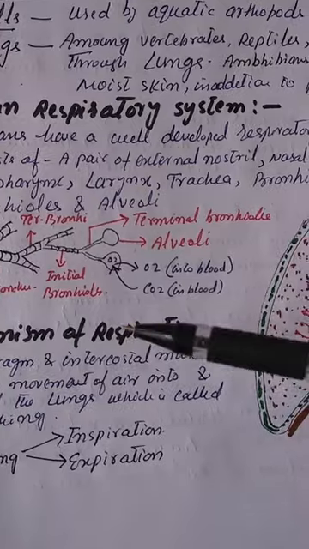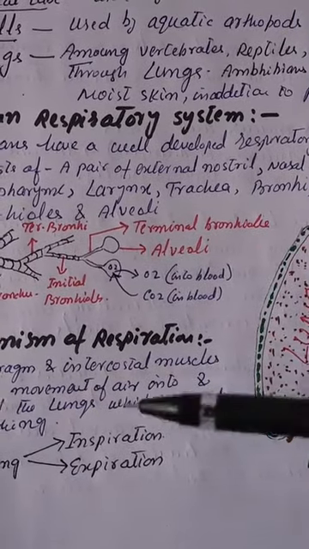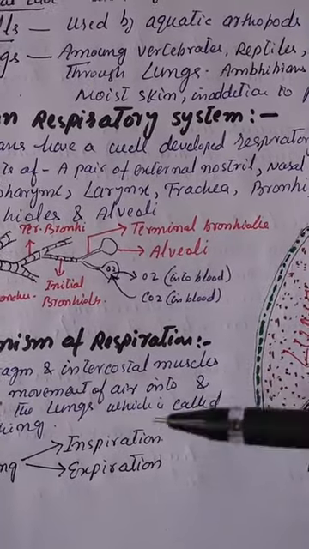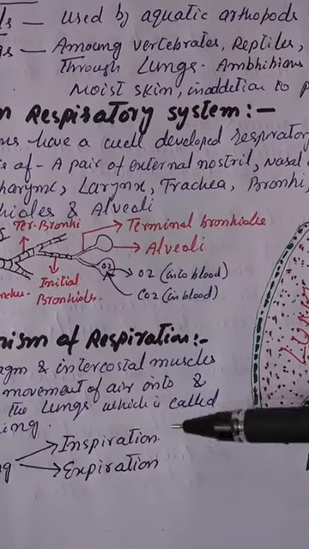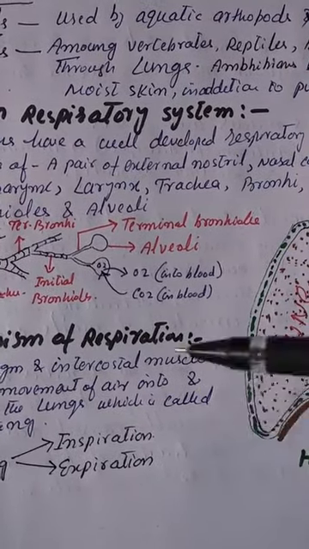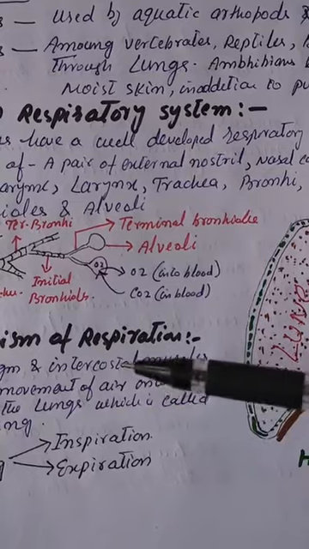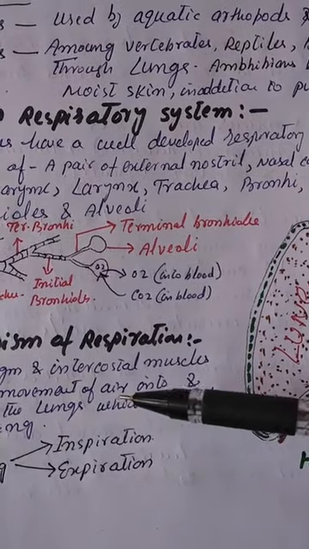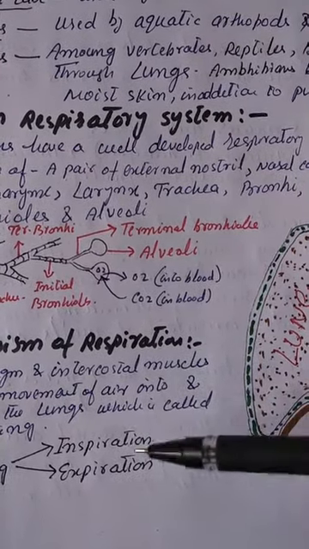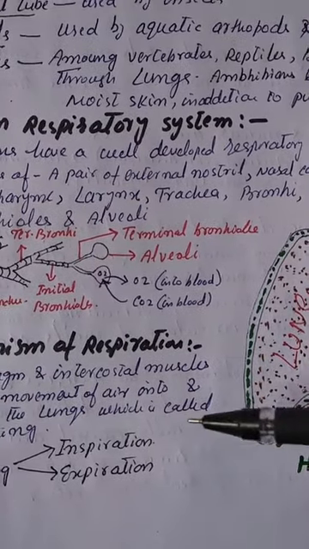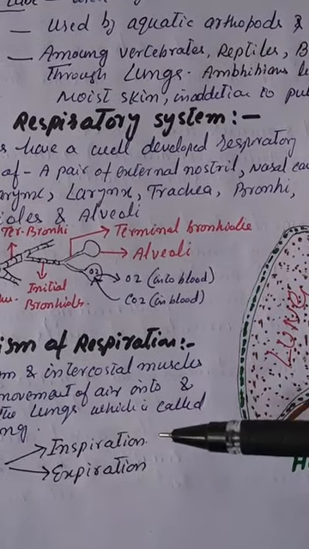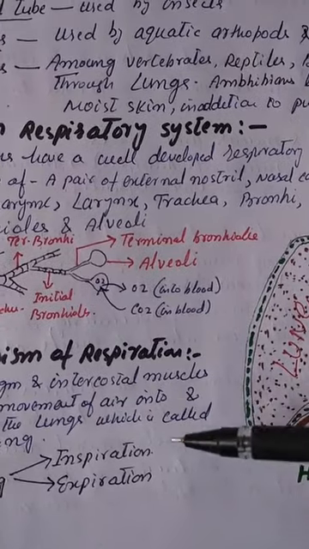Now, inspiration occurs when the intrapulmonary pressure is less than the atmospheric pressure. That is, the intrapulmonary pressure is negative compared to the atmospheric pressure. At that time, inspiration takes place. Whereas expiration occurs when the intrapulmonary pressure is higher than that of the atmospheric pressure.